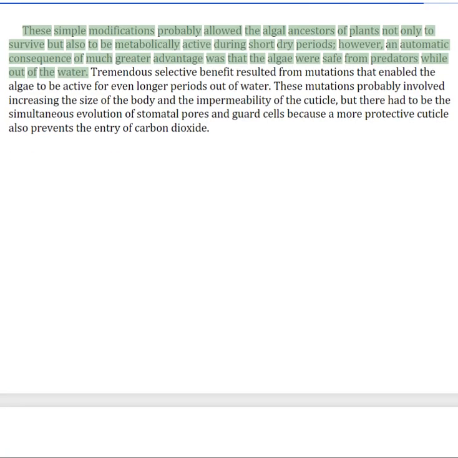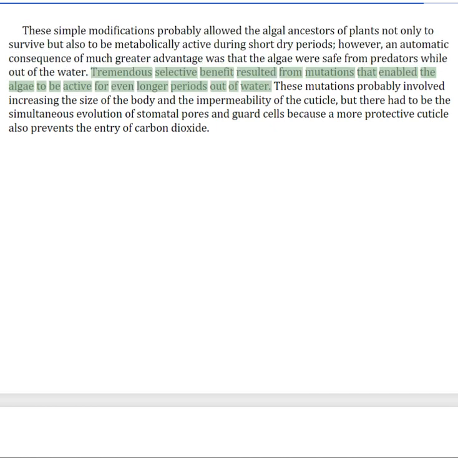These simple modifications probably allowed the algal ancestors of plants not only to survive but also to be metabolically active during short dry periods. However, an automatic consequence of much greater advantage was that the algae were safe from predators while out of the water. Tremendous selective benefit resulted from mutations that enabled the algae to be active for even longer periods out of water.